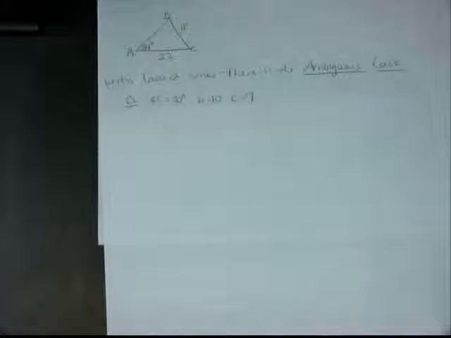But if all I gave you was a piece of information, I told you one angle is this, one side is this, and the other side is this, you don't know if it makes two triangles, one triangle, or zero triangles. Now, I'm going to go through the proof of this with you in class as to why this works, but I'm going to just jump to the examples on how to always derive a situation as to how to always make it work.